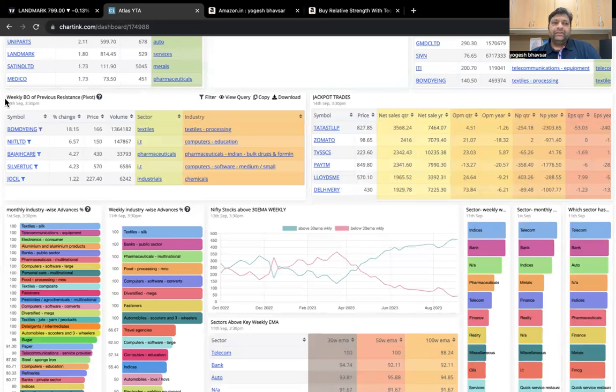Now, if you see, this is basically a weekly breakout of previous resistance. On the weekly time frame, whichever stocks are breaking out above previous technical swing highs will show up here. I have tried to summarize a lot of concepts in this one dashboard. When I see one stock coming on my YTA1 or maybe YTA2, it may be good.